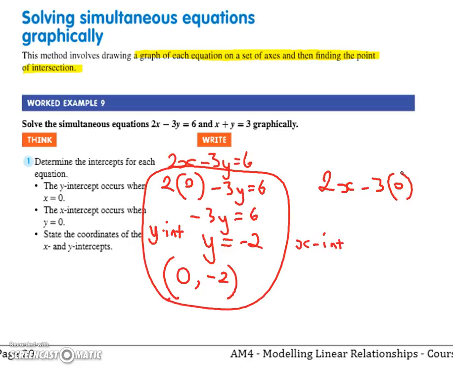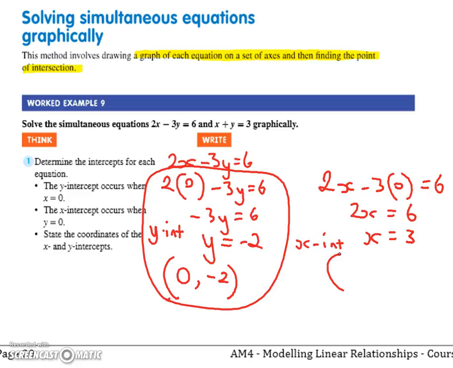Y-intercept is when x equals 0; x-intercept is when y equals 0. So we've got 2x minus 0 equals 6.